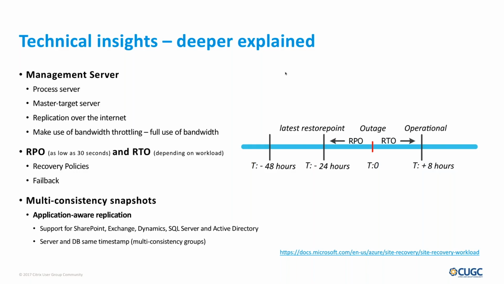And the master target server is the server that is used for creating the replicated data in an actual virtual machine in Microsoft Azure, or when you're doing a failback to the on-premise environment. Also, it's replicated over the internet or over the internal ExpressRoute network when you're choosing the public peering.